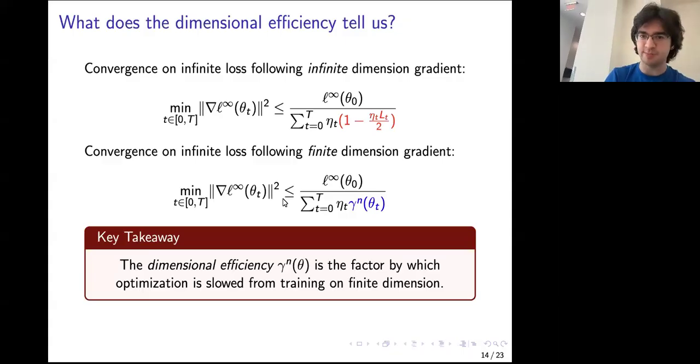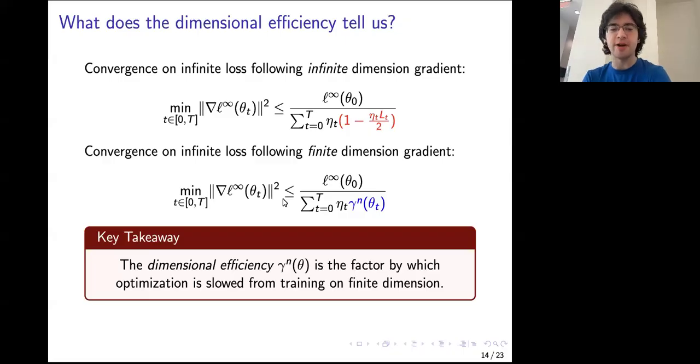And we can think of gamma n as smaller than 1 minus eta t L over 2 in the regimes we care about. So it's a factor by which optimization is slowed from training on finite dimension. That convergence rate is going to get slower as the similarity between the two gradients goes down.